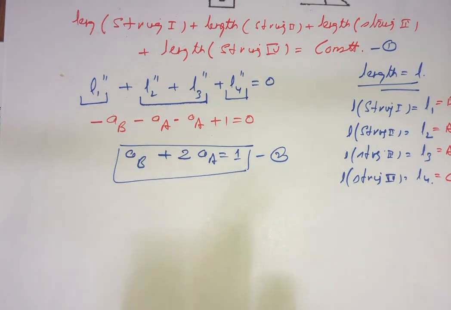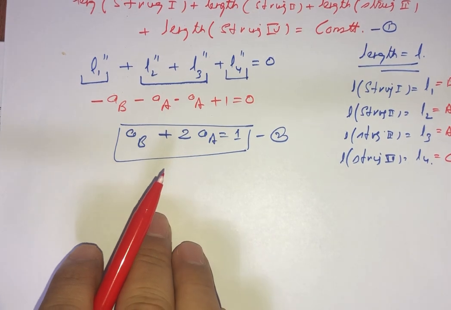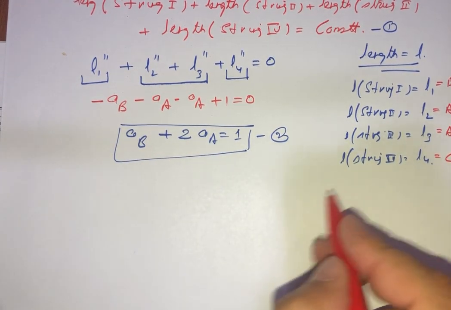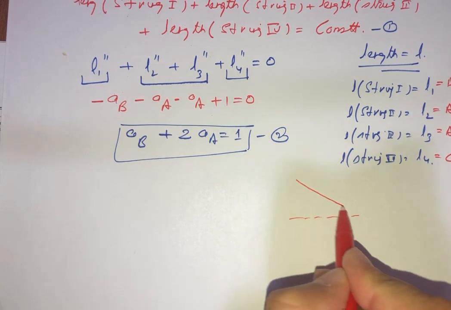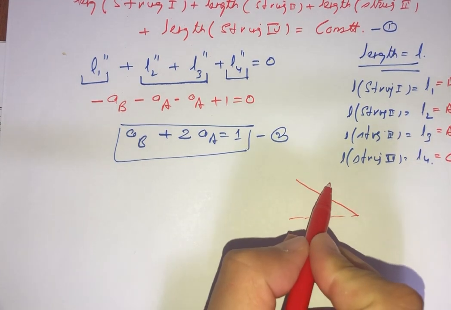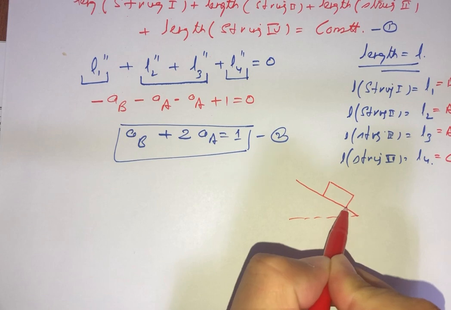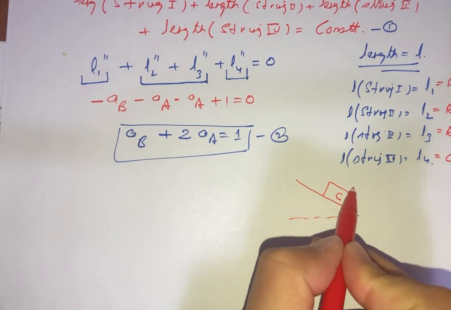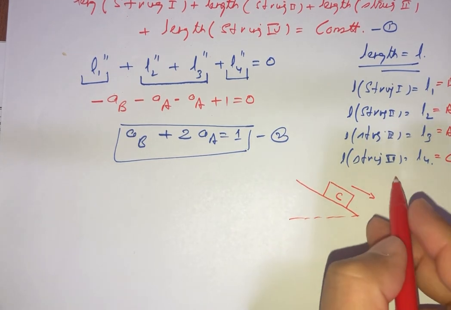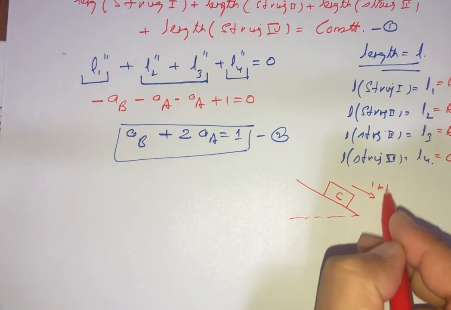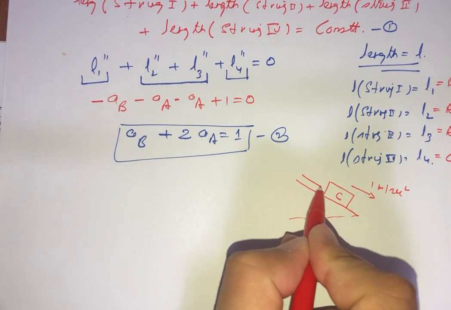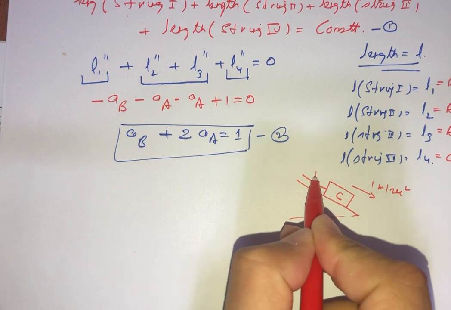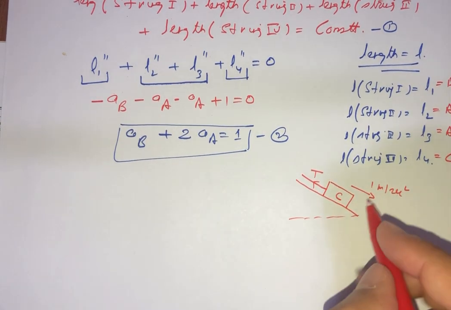Now for block C, it is given that it is moving in the downward direction in this way. Block C is moving in this direction with an acceleration of 1 meter per second squared, and the string has tension T in the upward direction.